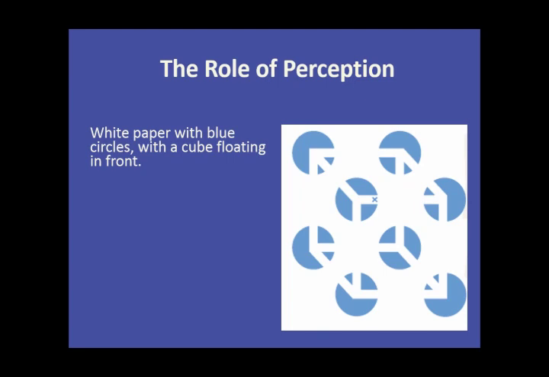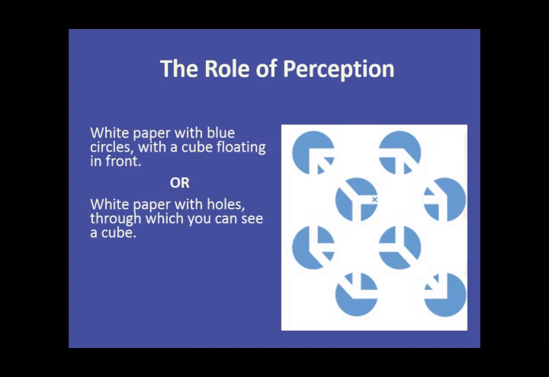And it's possible that what you're seeing is white paper with blue circles and there's a cube in front of the circles. Or maybe what you're looking at is white paper with holes, and you're actually seeing the blue background through the holes. And behind the paper is the white cube, and you're just catching glimpses of the corners and things through the holes in the paper.